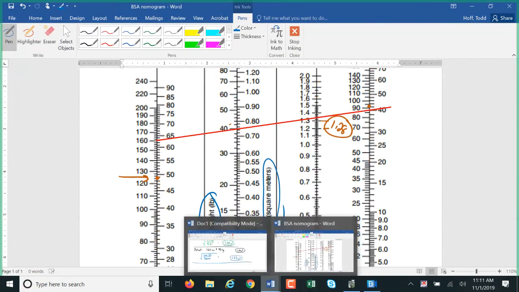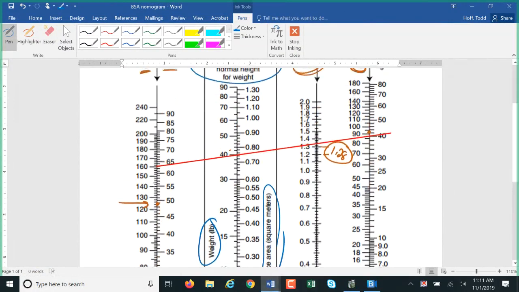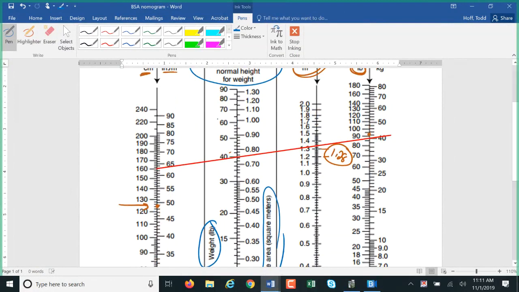So if we have a patient who comes in weighing 60 pounds, that's 60 pounds right there. All we do is look at the other side. This is 0.9, that's 1. This would be 0.95. I'd say that's somewhere around 0.98, 0.99 is where their body surface area is coming.